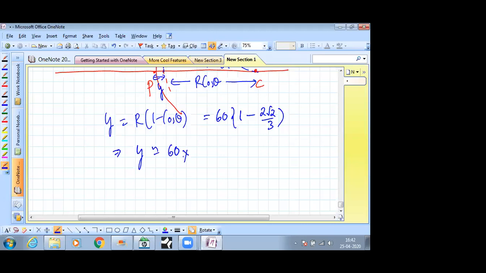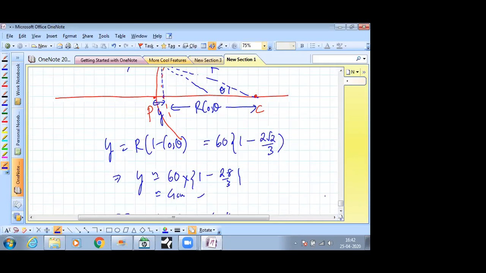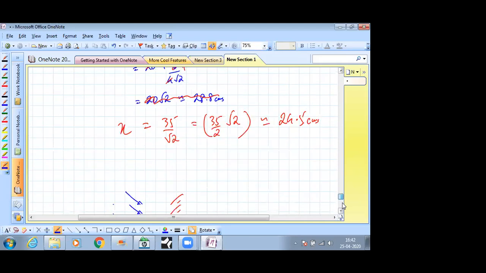Okay. So in fact, this comes very close to 4 centimeters. So now my distance is basically y plus x. So that is 4 plus 24.5.